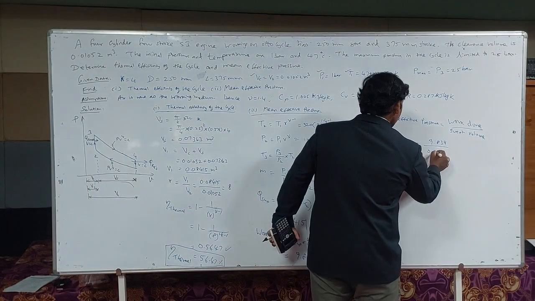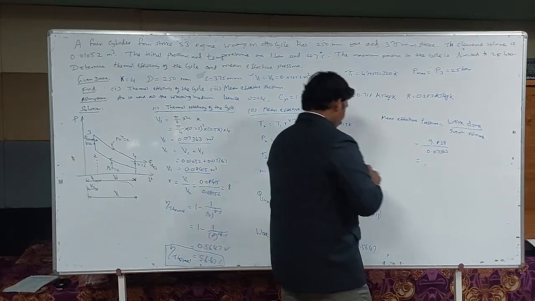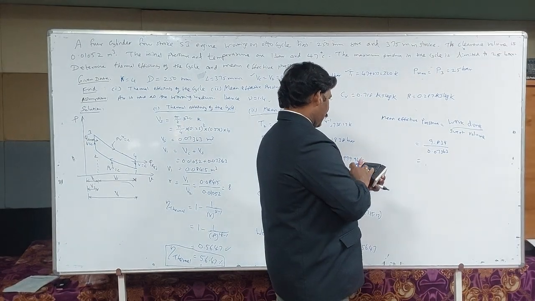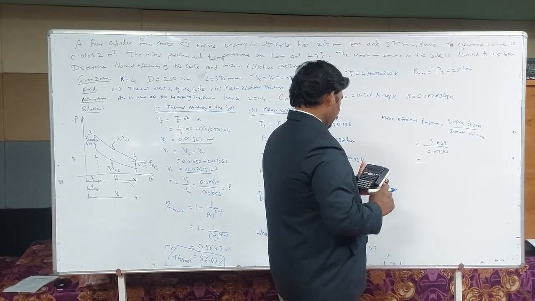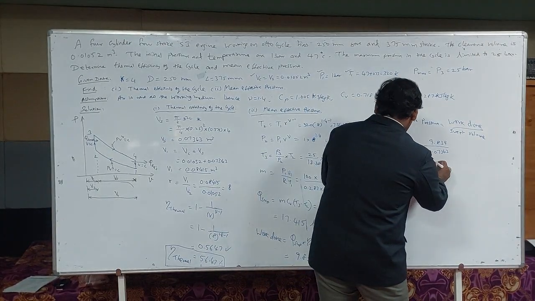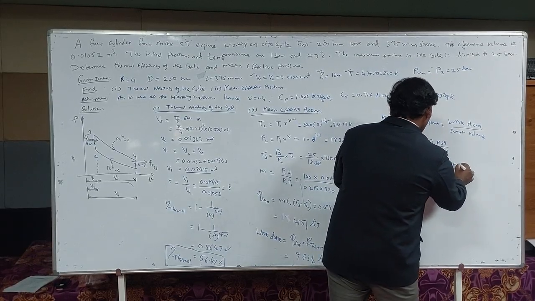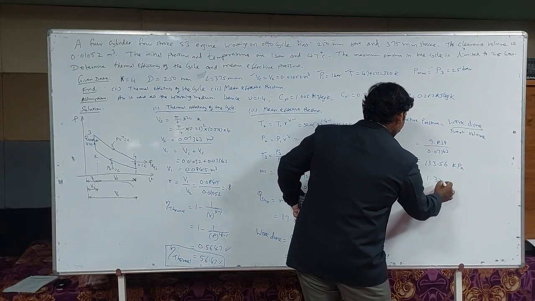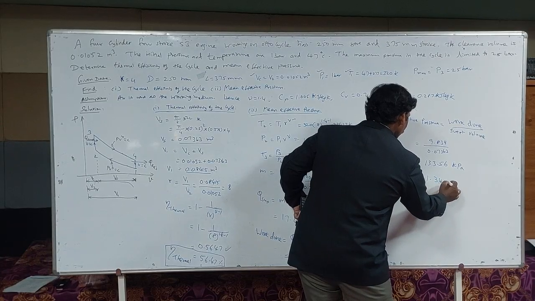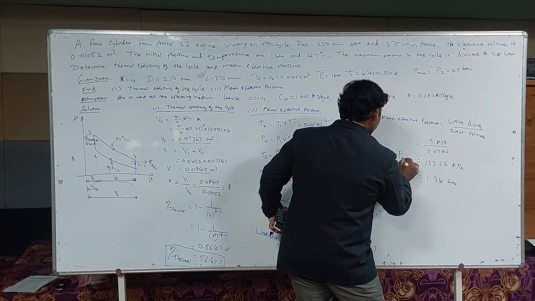So 9.834 divided by 0.07363, which is 133.56 kilopascal, or I can write 1.34 bar. So this is the mean effective pressure.